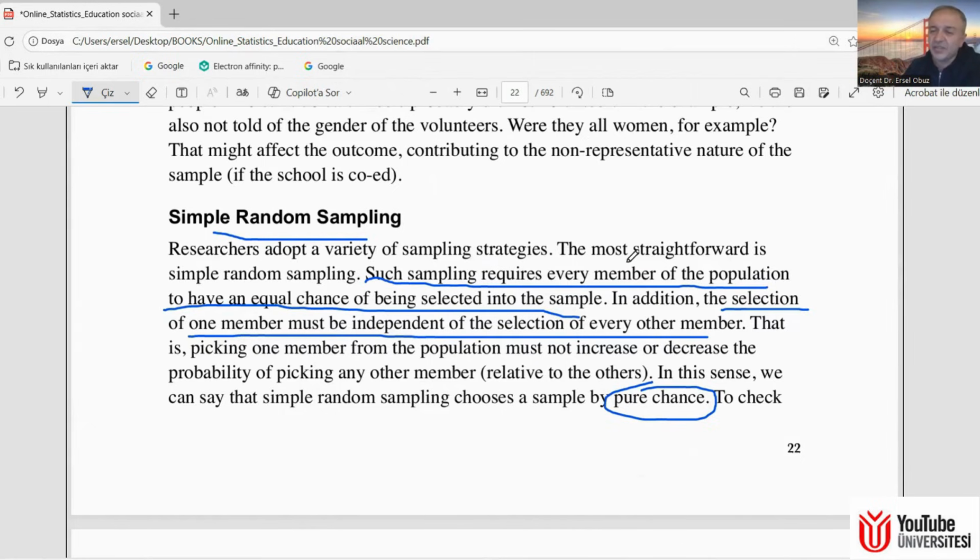Such sampling requires that every member of the population has an equal chance of being selected into the sample, and the selection of one member must be independent of the selection of every other member. So that method is based on pure chance.